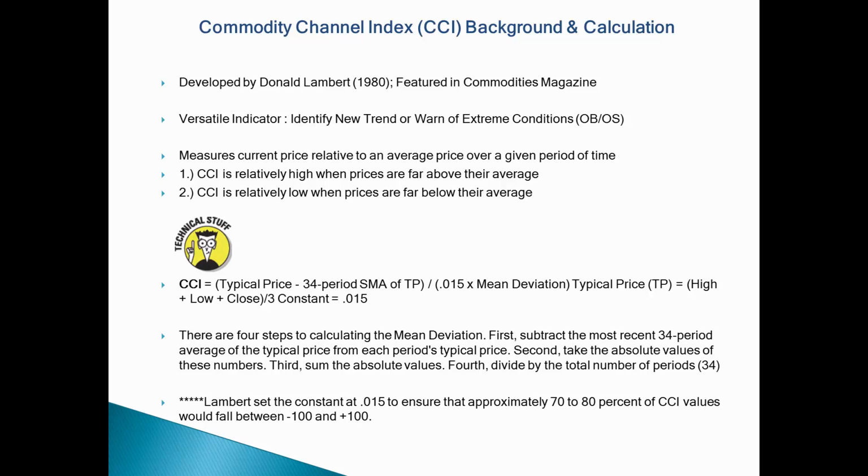So if 70 to 80% of the values are between plus and minus 100, then we want to stay away from that middle zone where the CCI is located.